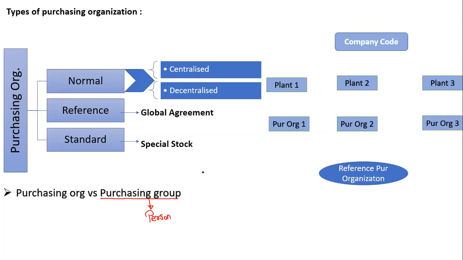Let's say I have three types of procurement. I will assign the work to them, so that this purchasing group is responsible for this activity, and this purchasing group is responsible for that activity. We use this only for reporting purposes. We don't assign them anywhere in the organization structure. That is the purchasing group, and we have already seen the purchasing organization.